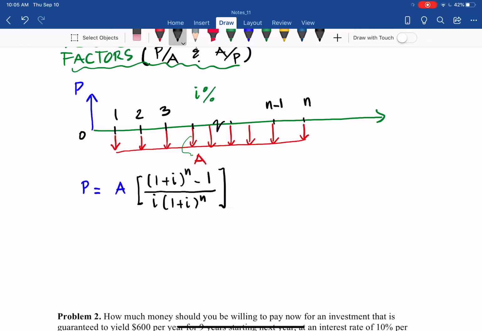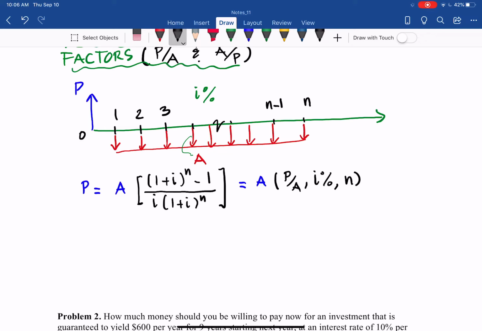Similarly, I can use the factor in the table: P equal to A times the square bracket, which is P over A, I percent, n years. And we can go back to the table that I showed you in the reference.